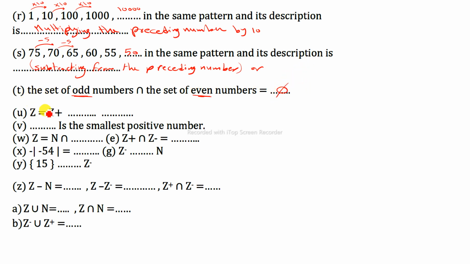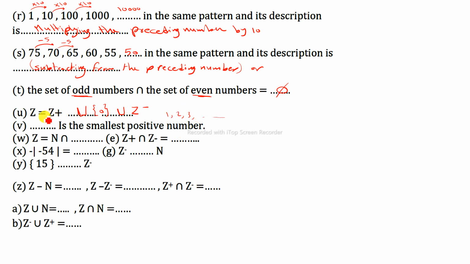Set Z is equal to Z positive union set 0 union set Z negative. What is the smallest positive number? The set of positive integers is 1, 2, 3, and so on.